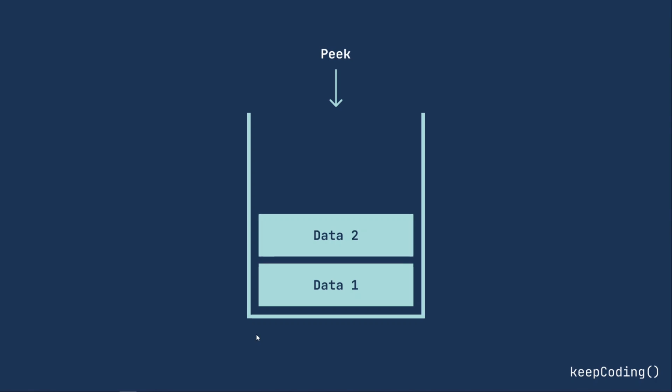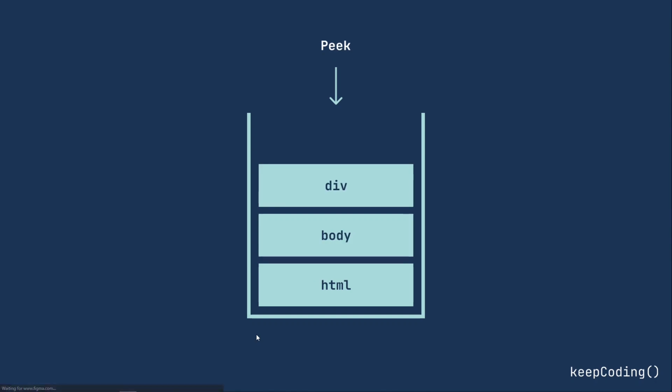Why would we need a stack in the first place? We need stack for a lot of operations, like the compiler uses stack and the parser uses stack. In the case of HTML, you have a tree structure, right? You have the root element and then a body and then divs. The parser has to go through each item and add it into a stack, and whenever a closing tag comes, it will pop it out.